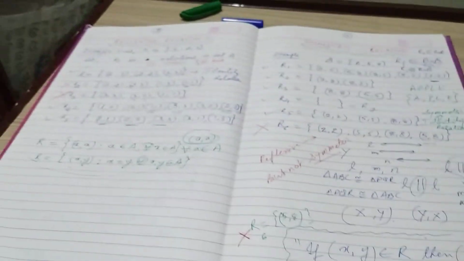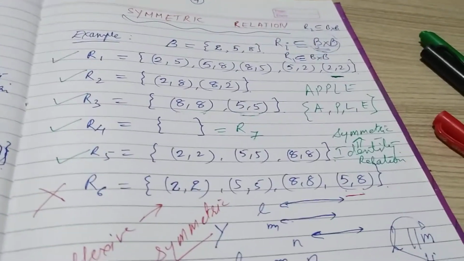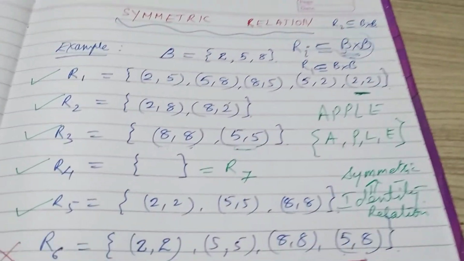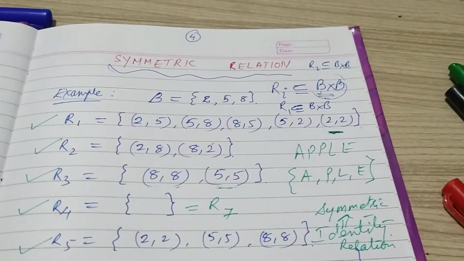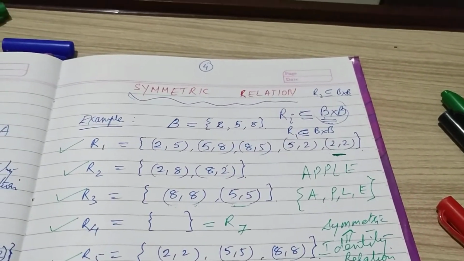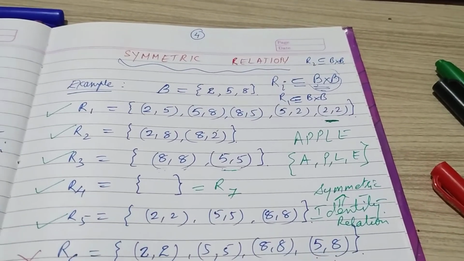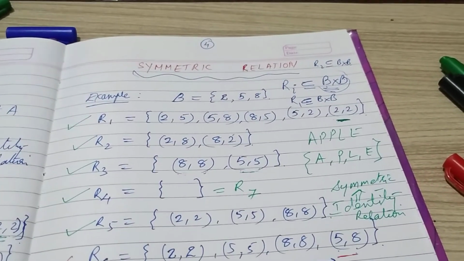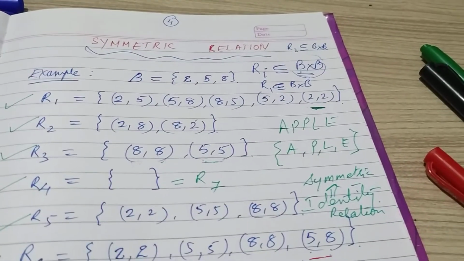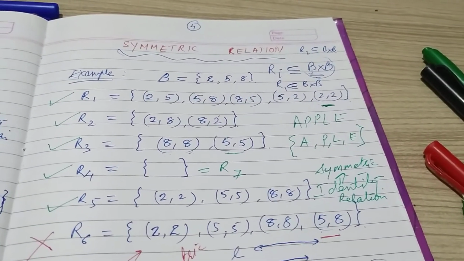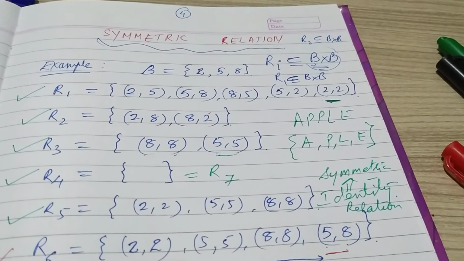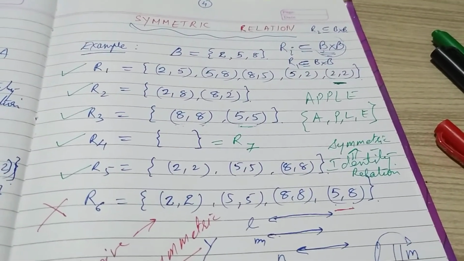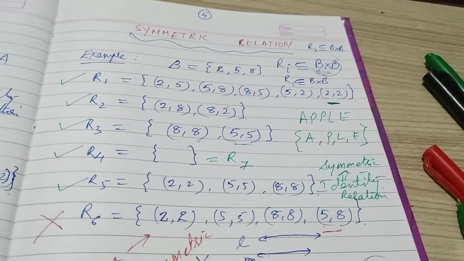I hope you understood the definition of a symmetric relation. With the help of different examples and illustrations, more problems and counter illustrations, we will be able to understand how to differentiate between a reflexive relation and a symmetric relation. Now in the next video I'll discuss the transitive relation.